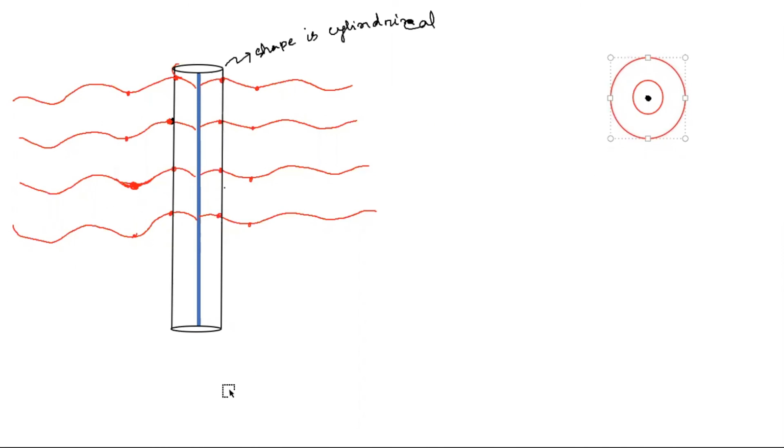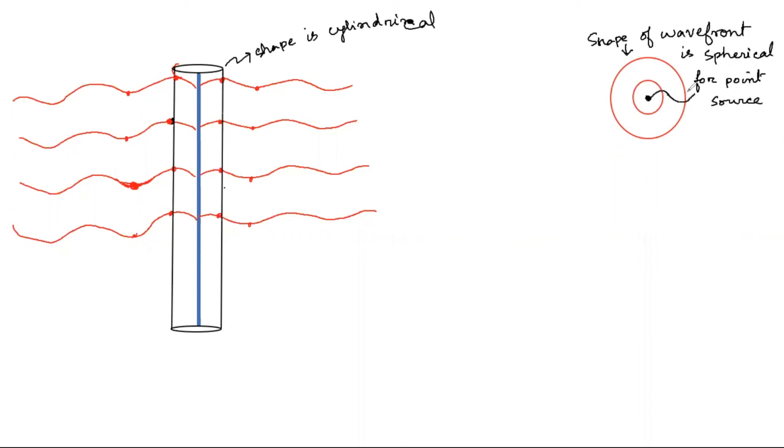So here the shape of wavefront is spherical for a point source, because it is going to provide waves in all the directions in such a manner.